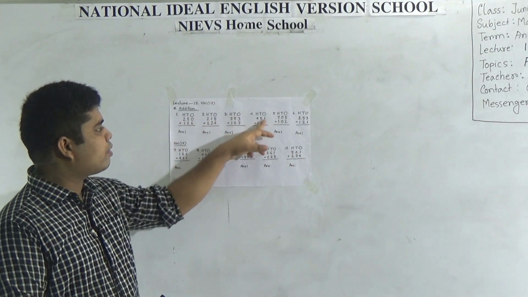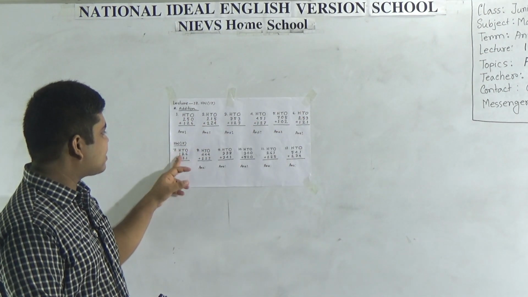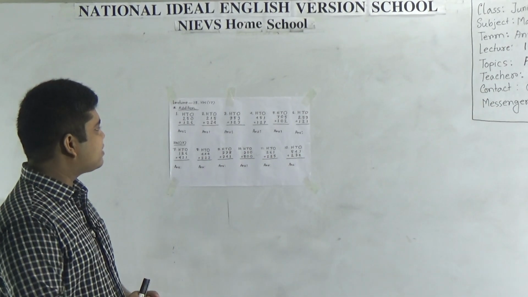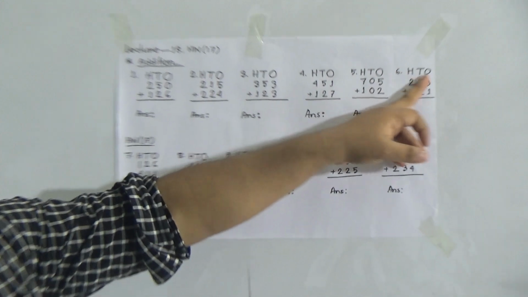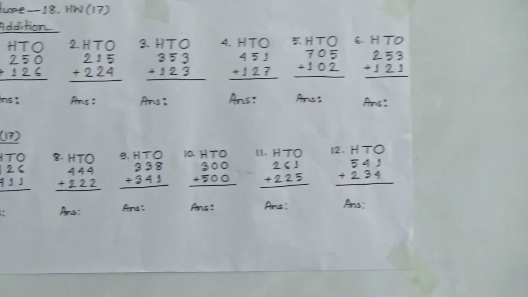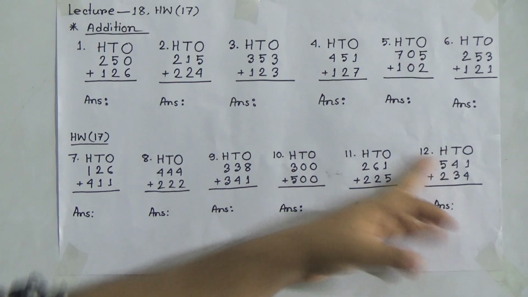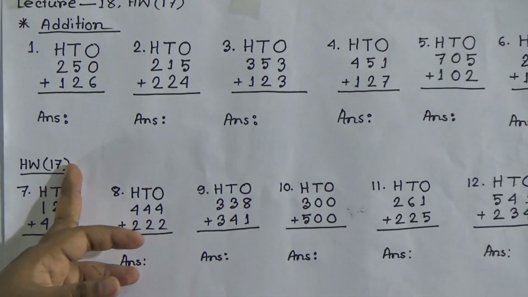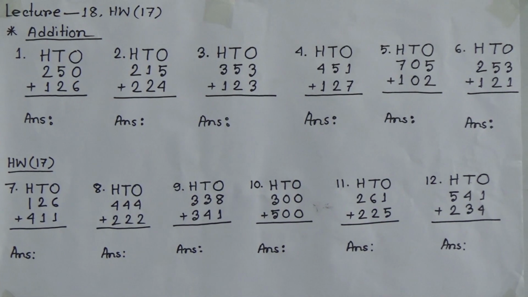In our lecture, we shall solve questions 1 to 6, and questions 7 to 12 will be your SW, and this is your SW number 17. So, let us start our class.